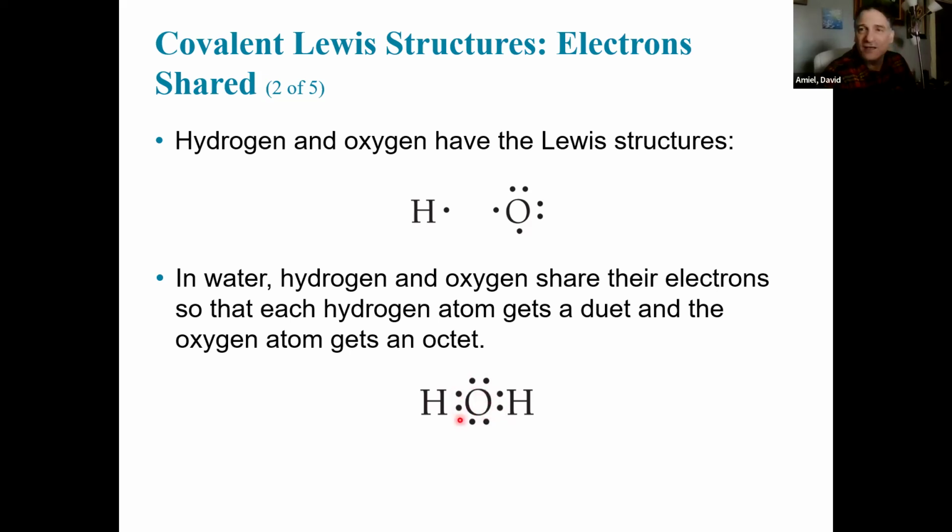Notice there are no brackets here, no charges here when writing the Lewis structures for covalent compounds, and that the electrons are shared, not transferred. So we're seeing that if one hydrogen shares its one electron with oxygen, it gets a bond there. Another hydrogen makes another bond, and we have H2O. Lewis theory directly predicts the structure of H2O.